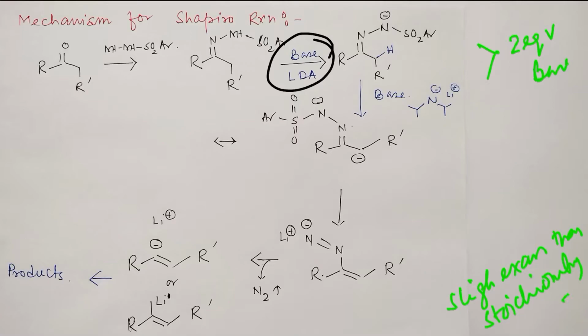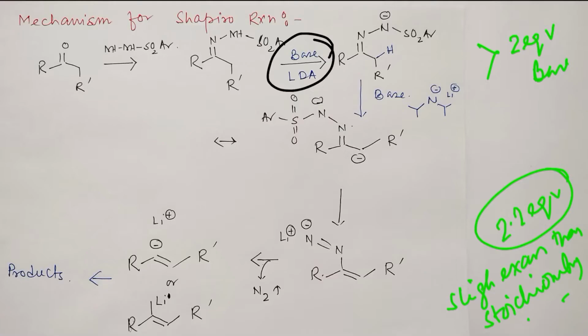Why? Because they are very reactive reagents. During the reaction, if some moisture from air or from solvent is there, that will quench the reagent, so the reaction will not be complete. So a slight excess. For example, if you theoretically need 2 equivalents, we will take 2.1 or 2.2 equivalents. This is a general trend.